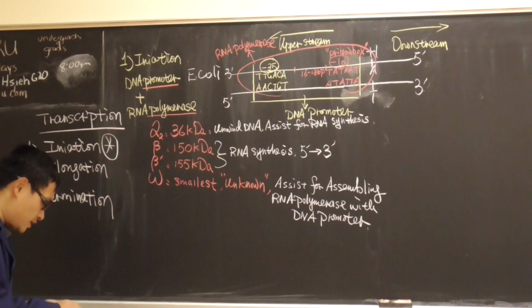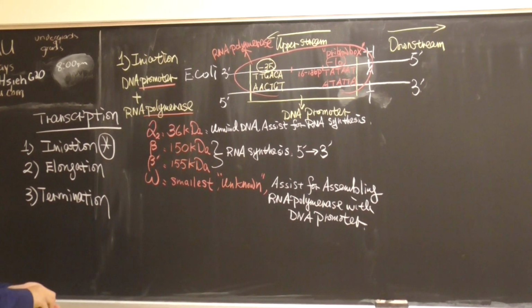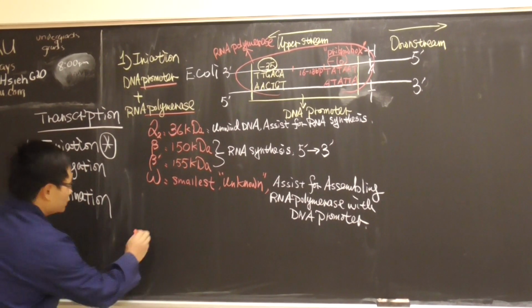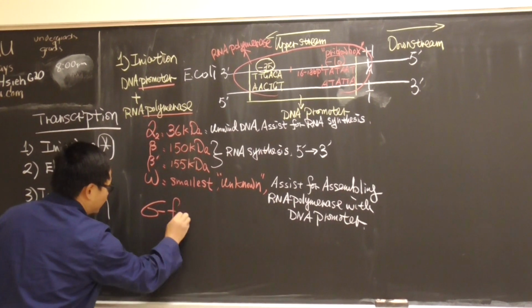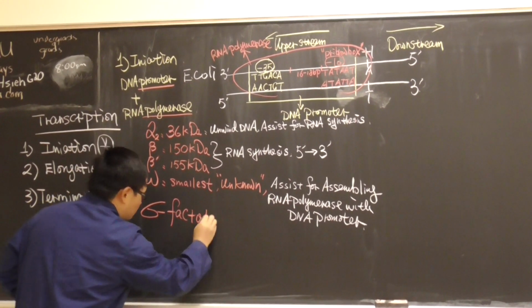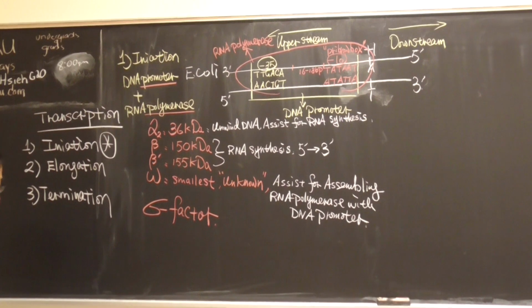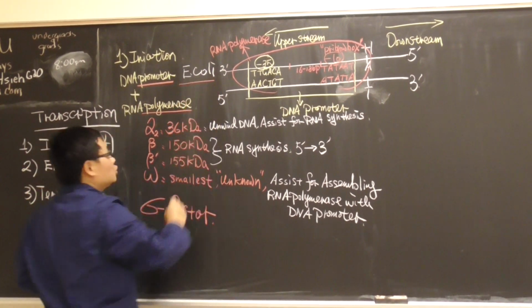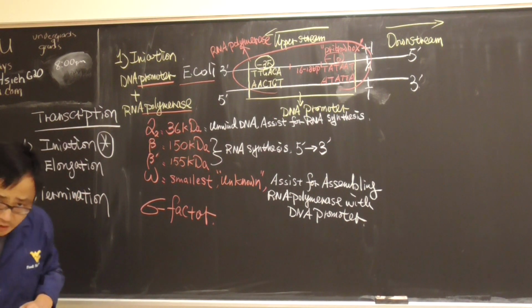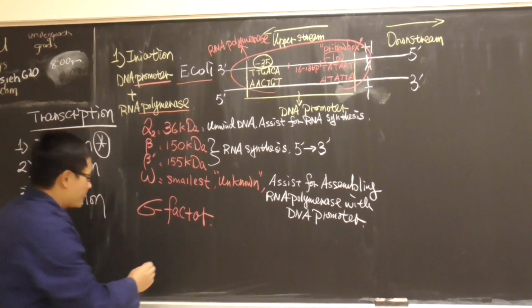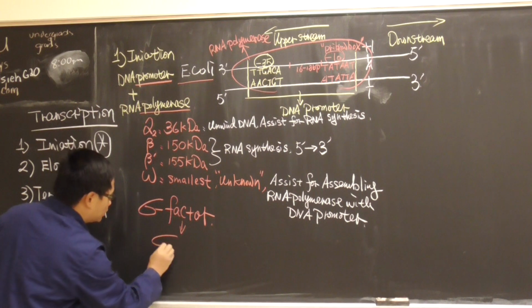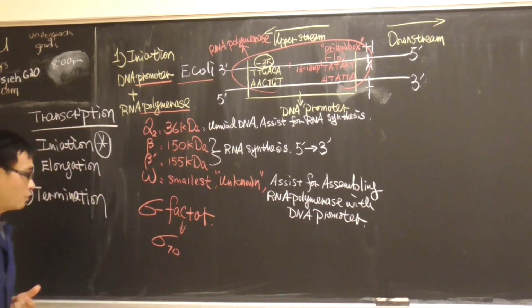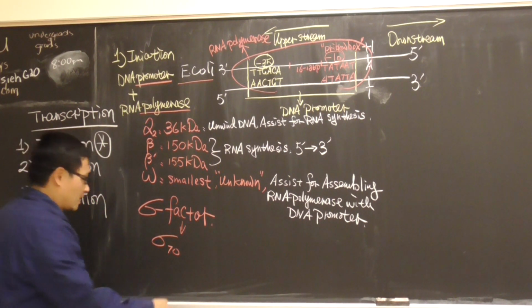Now, don't forget, there is another important component, the sigma factor. Most of the time, for the universal life functions of a bacterium, this sigma factor is sigma 70. Why do we call it sigma 70?